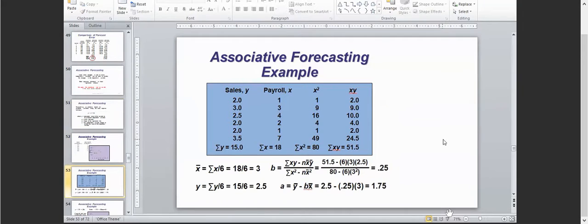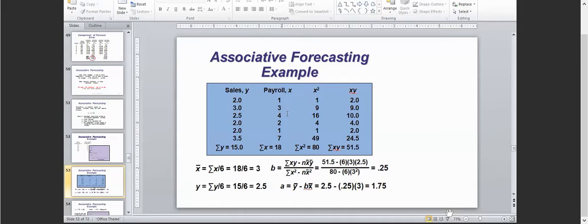For example, here we have information about the sales data, for example a sales value of, let's say, 2 million, 3 million, 2.5 million, and so on. And we also have information about the payroll for our staff. So the total payroll here will be 1, 3, 4, 2, 1, and 7 million.